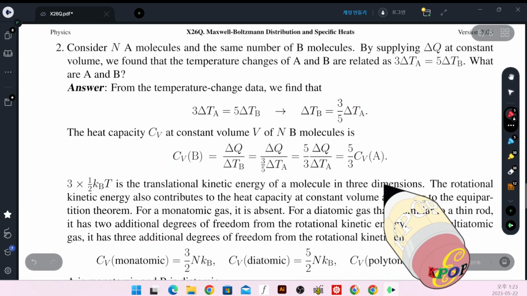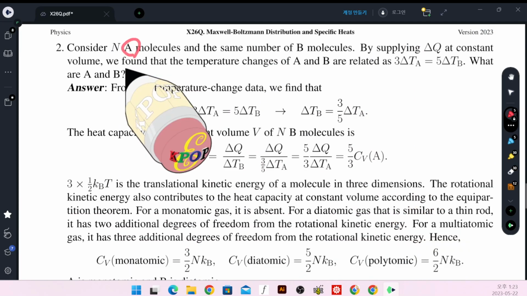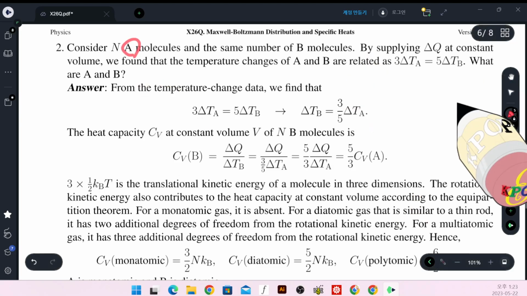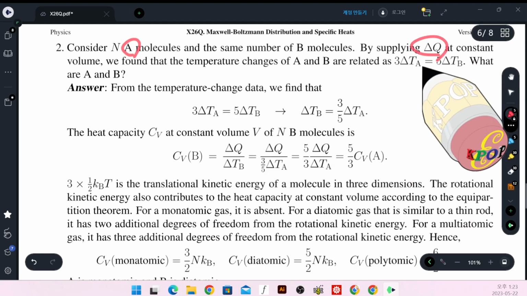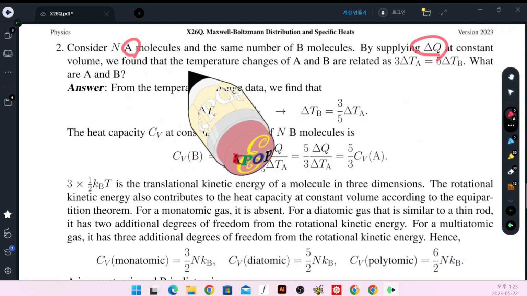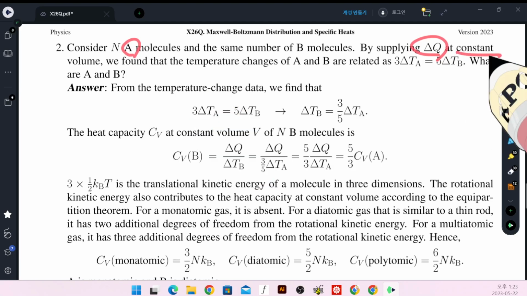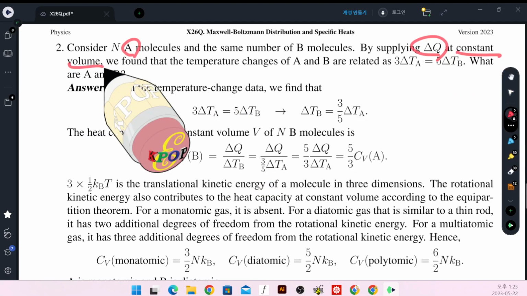Number 2, consider N molecule A and another N molecule B. And we consider, we supply the heat, delta Q. And the sample A has been raised in temperature by delta TA, and the same energy is supplied, keeping the volume constant.